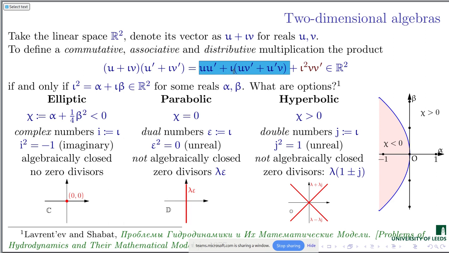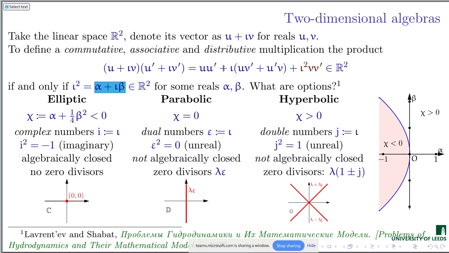So there is no problem understanding it within our vector space. But we will also have iota times iota, iota squared. And to put it back into the two-dimensional vector space, we need to assign a certain value from our vector space to iota squared. So let us say it will be some alpha plus iota beta.